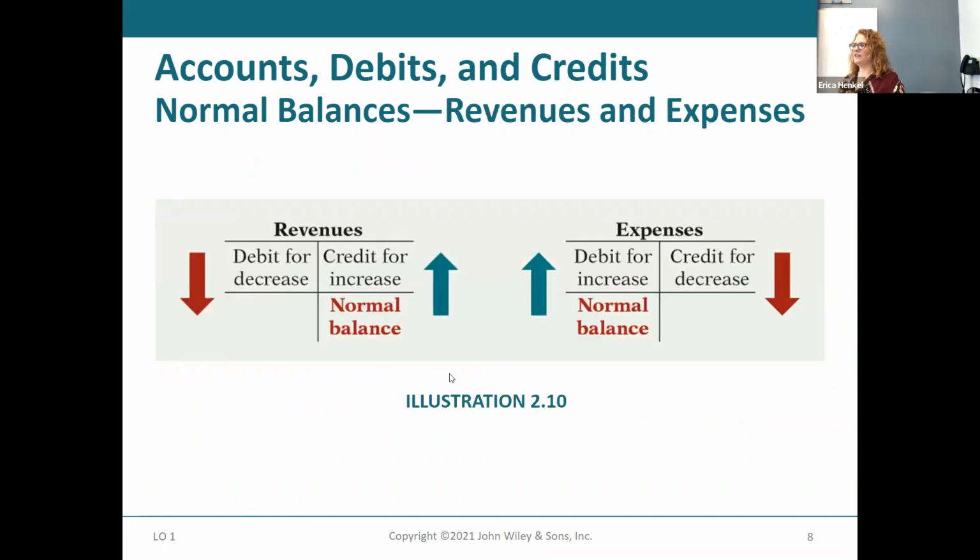These are ultimately going to feed into our owner's capital, but it's handy to have them broken out separately. So revenues have a normal credit balance because they increase our equity at the end of the day, which has a normal credit balance. And our expenses have a normal debit balance because they decrease our equity over time.